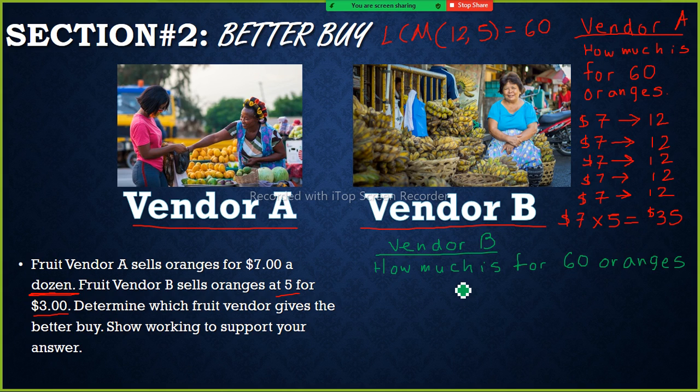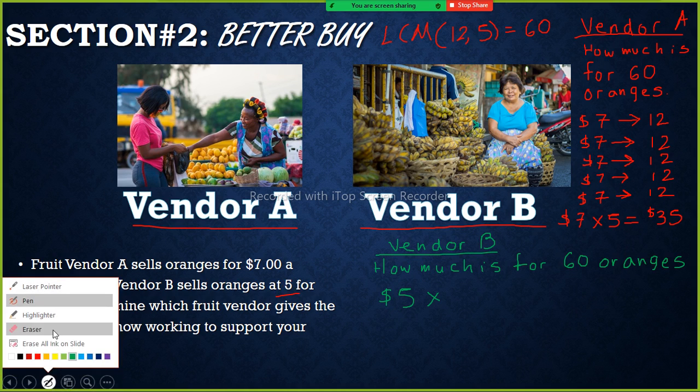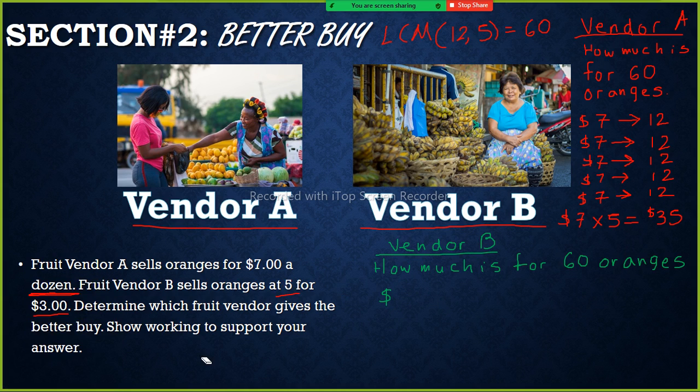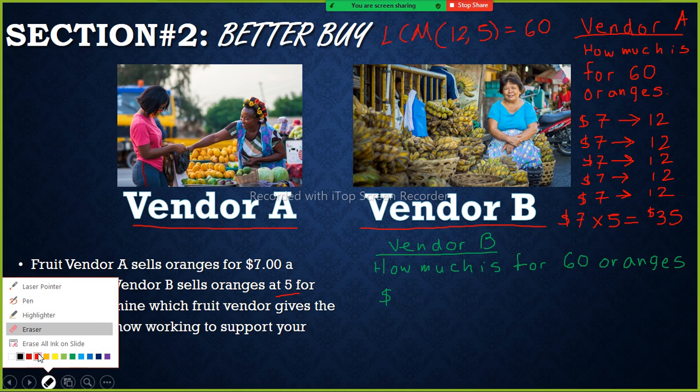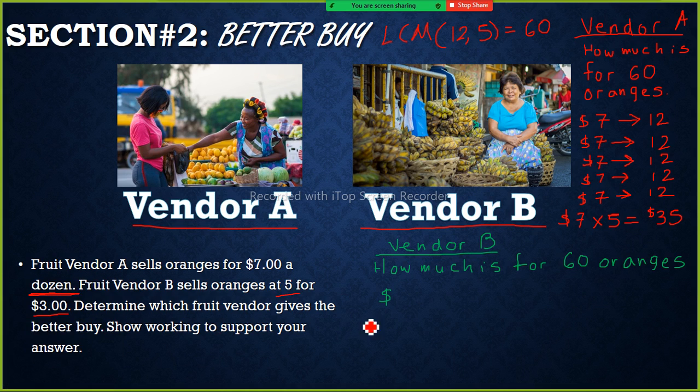That's going to be, it's $3 for 5. Oh yeah, 3 for 5. Okay, so it's going to be $3 times what?